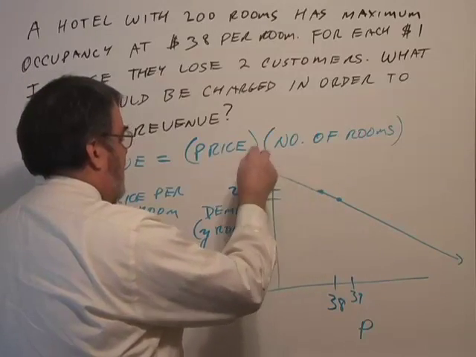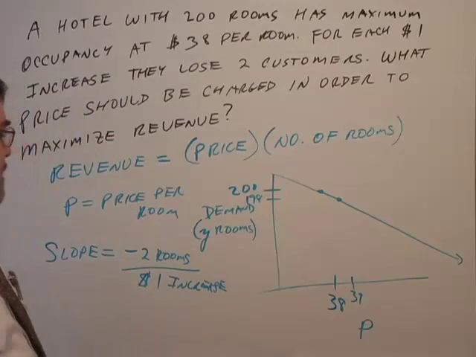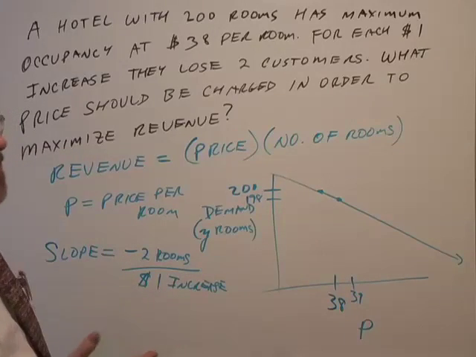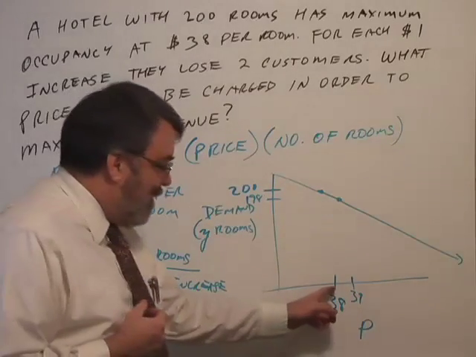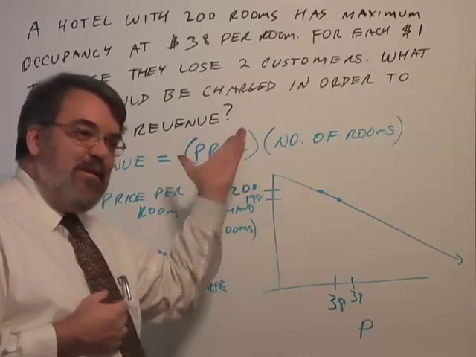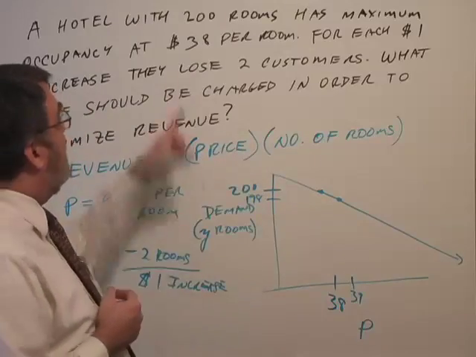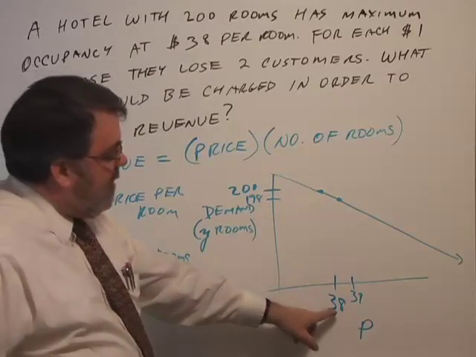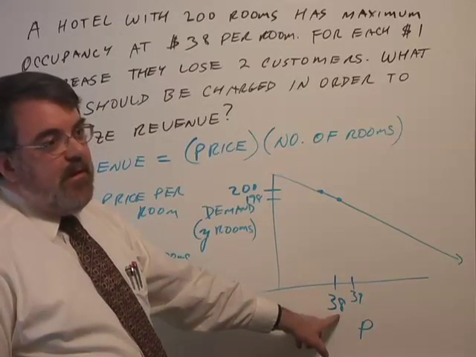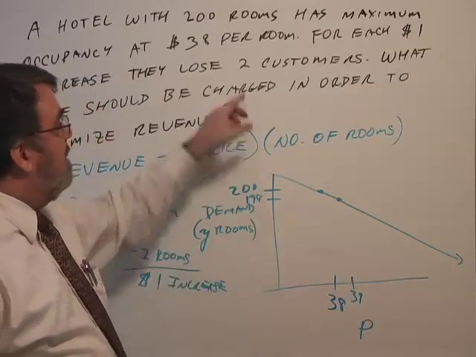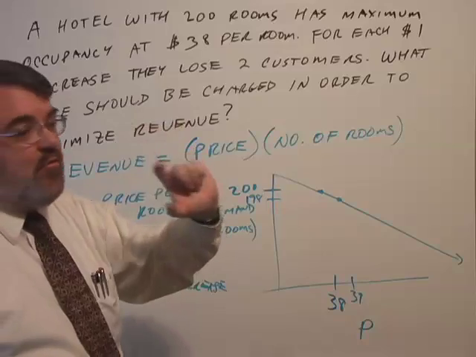And I realize my graph is nowhere close to scale. But you could also say that, according to this, if I lower the price by $1, I should gain 2 customers. So theoretically, of course, we don't have more than 200 rooms, but if I could lower the price from $38 down to $0, I'm going to gain 2 customers for every dollar I drop.